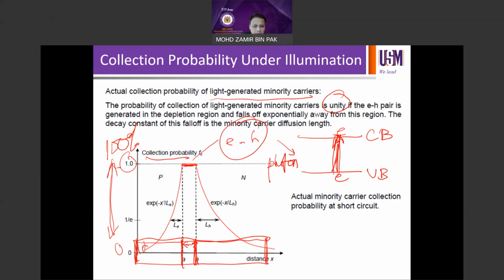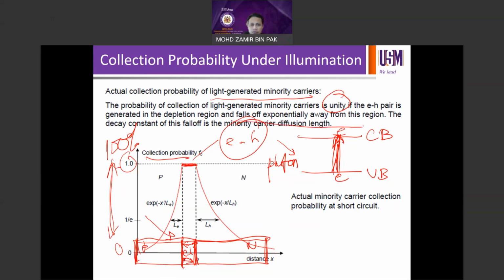Okay, so P on the left and N on the right. So this is the depletion region in the center. So if the light generates electron hole pairs in the central part, you can assume that the collection probability is 100%, right? But this collection probability falls off exponentially if you go away from the depletion region.